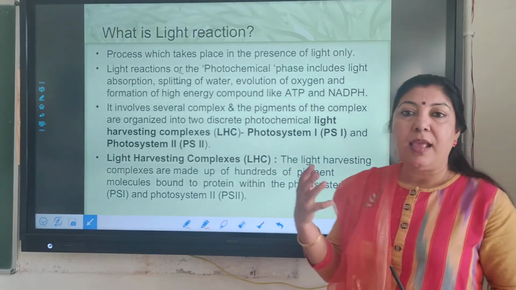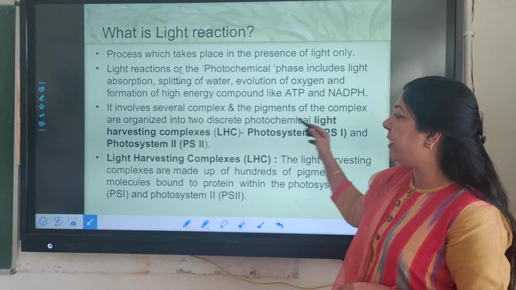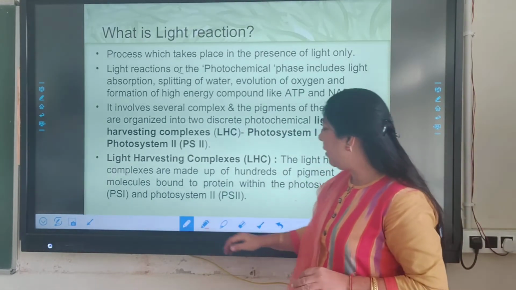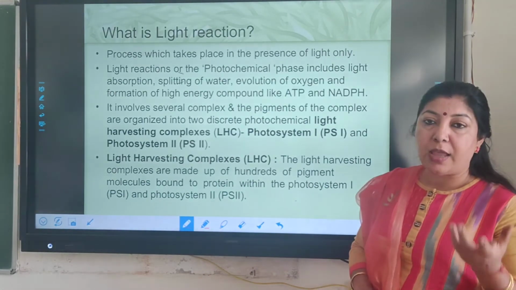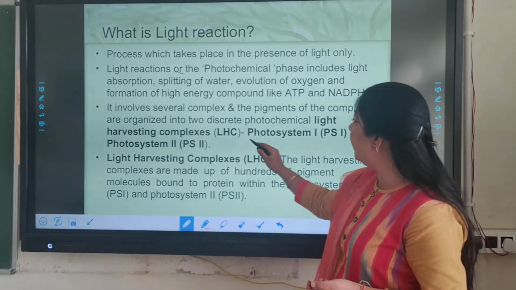So in these light harvesting complexes, these reactions will take place. And these light harvesting complexes may be of two types, having two types of reaction centers.